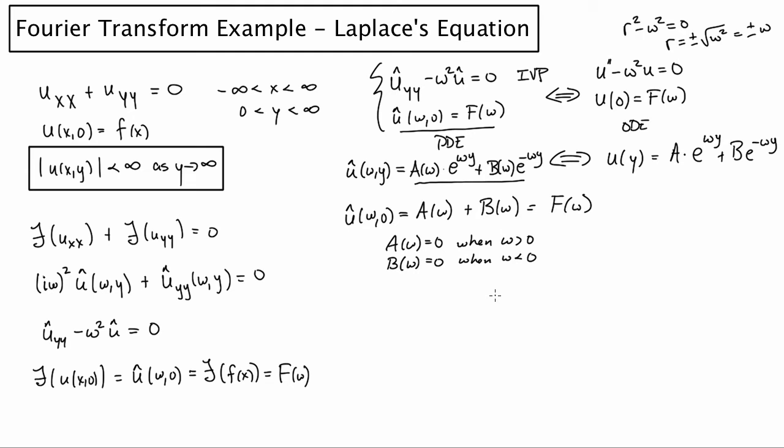The best way to write that then is to say that u hat of omega is essentially just c of omega times, rather than write e to the omega y, e to the minus omega y, since these two things have to satisfy this, I might as well write it as e to the minus absolute value of omega y, because it depends on when omega is greater than 0 or less than 0.